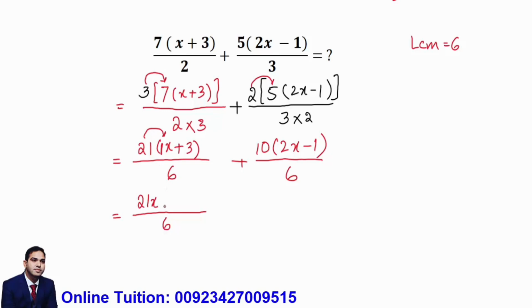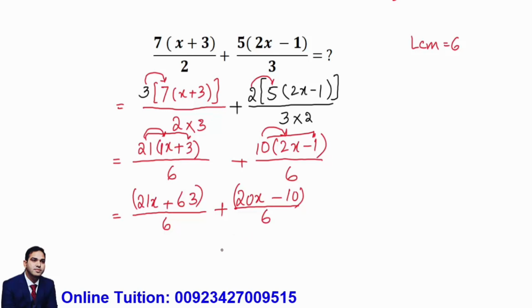So this is 21x plus, multiply this 21 with 3 too. It will be 63 plus, now 10 twos are 20, so 20x negative 10. This 10 will be multiplied with this, and this 10 will multiply with this 1.